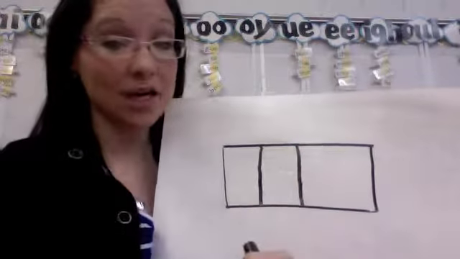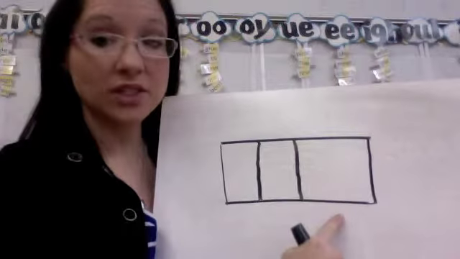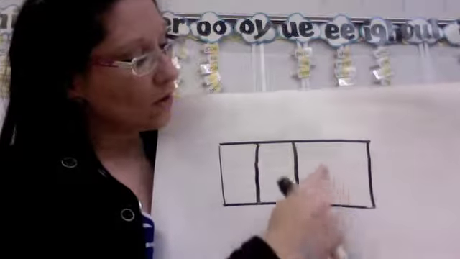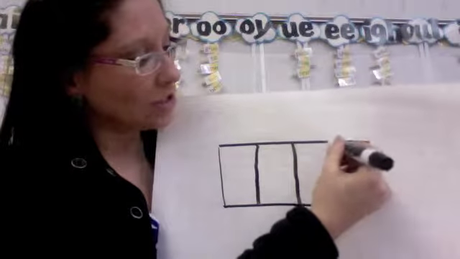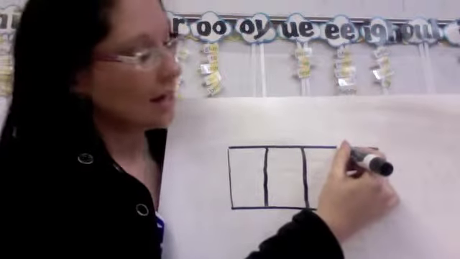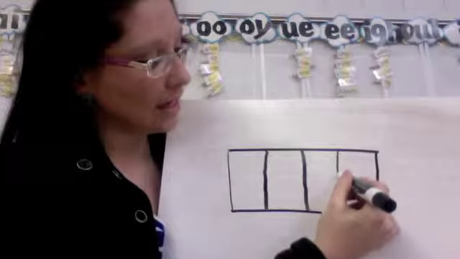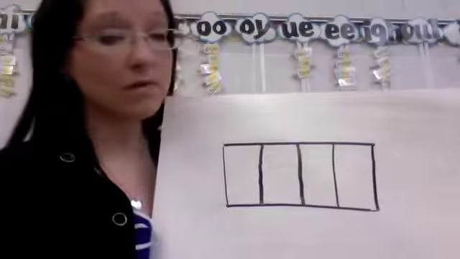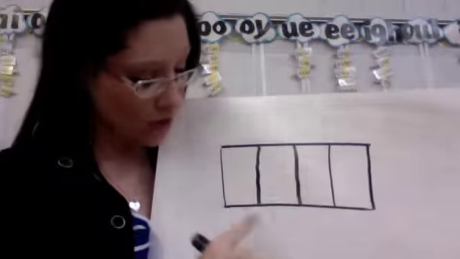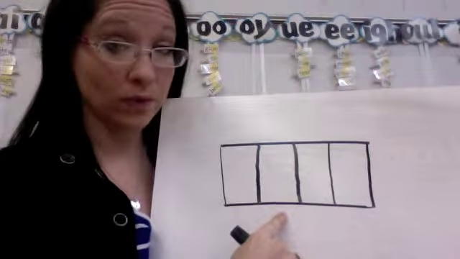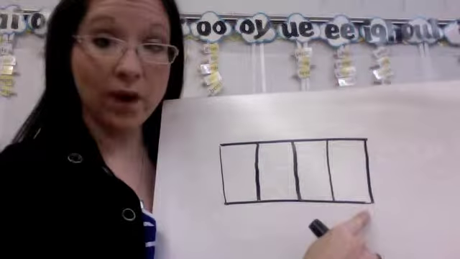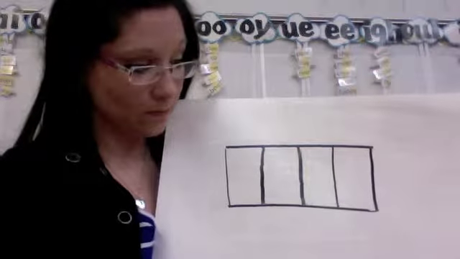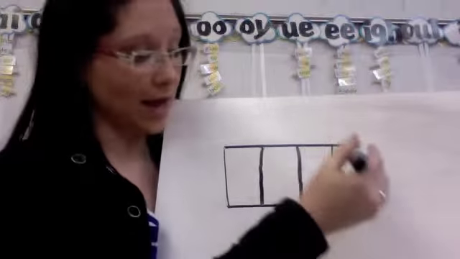So this is not equal. So now I want to take this other big half here, and split this in half. I'm going to find about halfway, which is about right here, and to the best of my ability, draw a straight line down. So now how many equal parts do I have? 1, 2, 3, 4. So I've got 4 equal shares by drawing vertical lines this way.